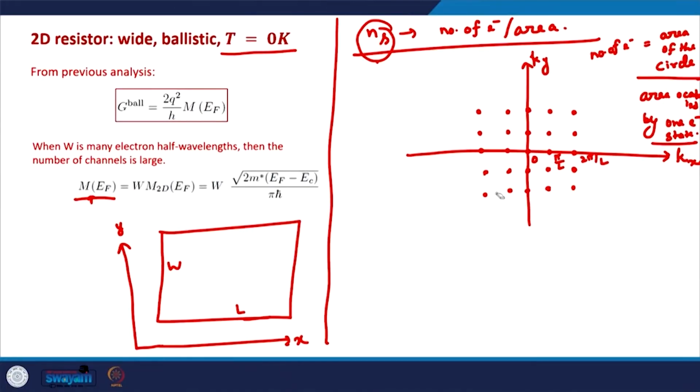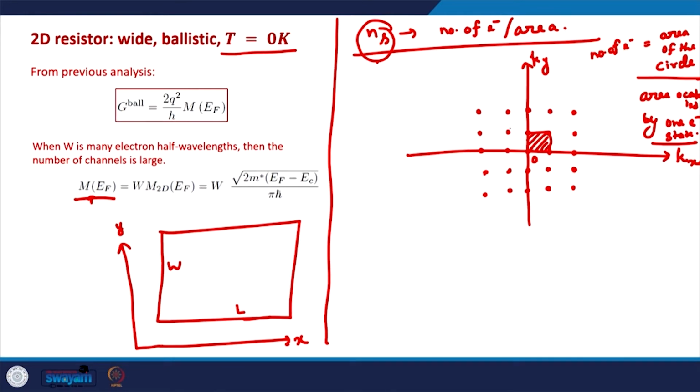So, in the K space, if we have a close look at the K space, generally this is the area occupied by one electronic state.